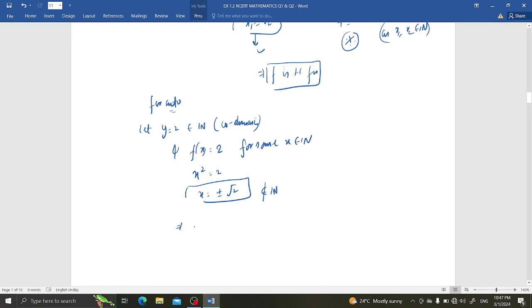It implies that y equal to 2 does not belong to the range of f, but y equal to 2 belongs to the codomain of f.